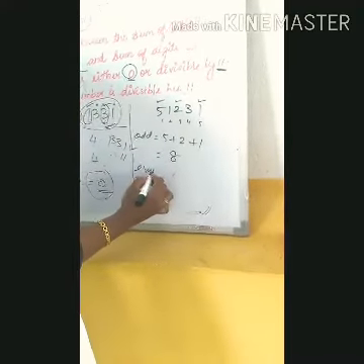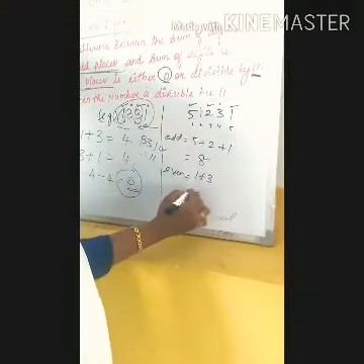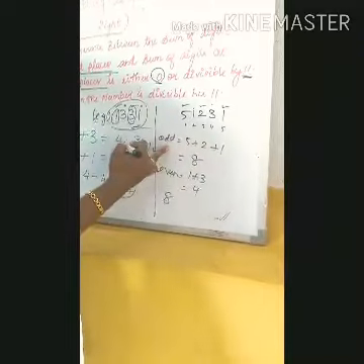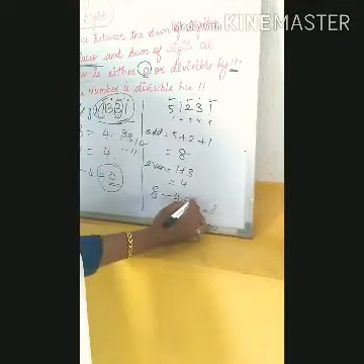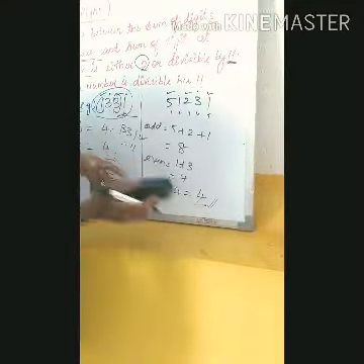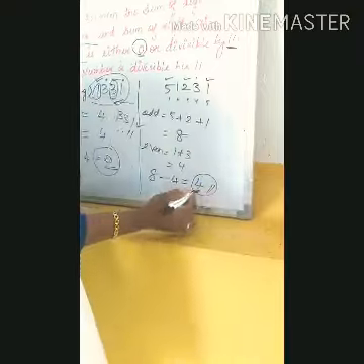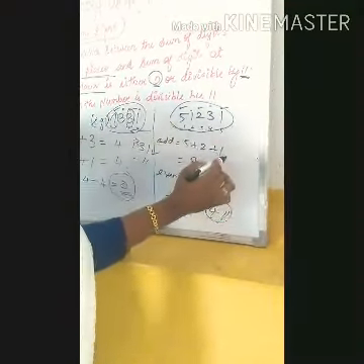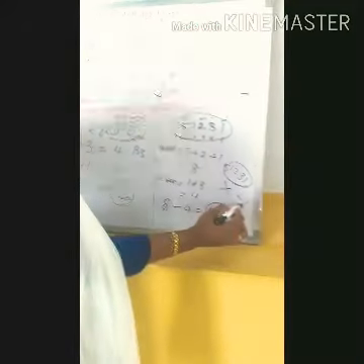Sum of even places: 1 and 3. 1 plus 3 is 4. Subtract both, because we need the difference between the sum of digits at odd places and the sum of digits at even places. So 8 minus 4 is 4. Is this number divisible by 11, or is it 0? No. So this number 51231 is not divisible by 11.